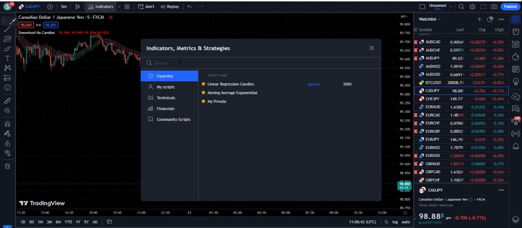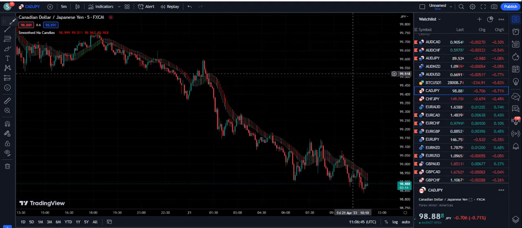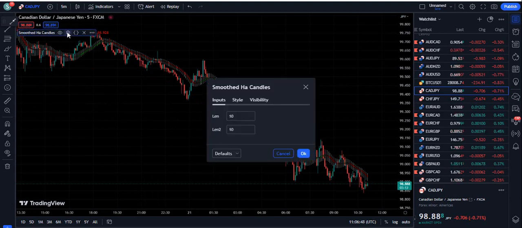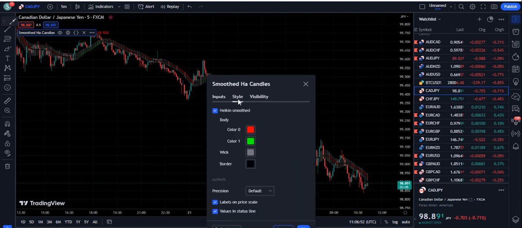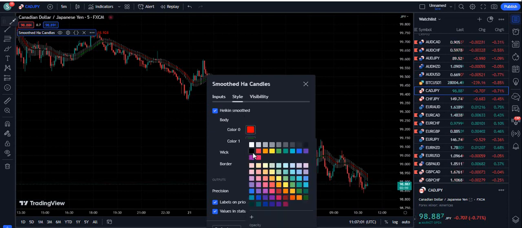Okay guys, let's not confuse ourselves, because first of all, let's do the setting. I think it will be better if we do the settings of the smoothed Heikin-Ashi candle. Okay guys, the only thing that we are going to change in the style section, you can see we have the option of wick here.